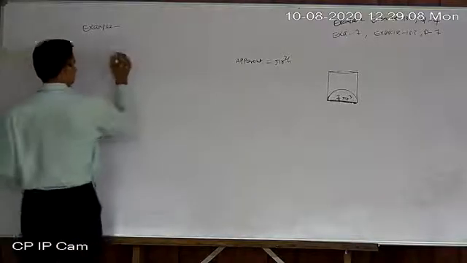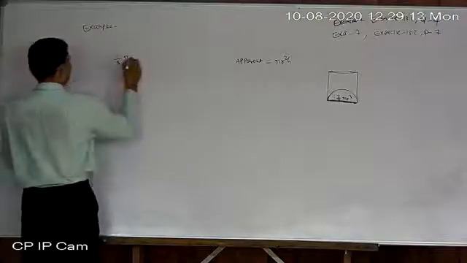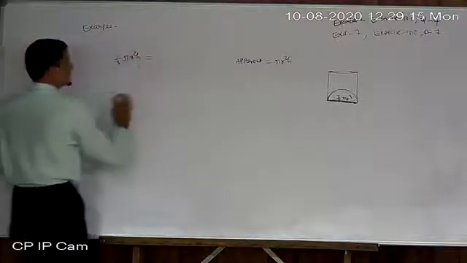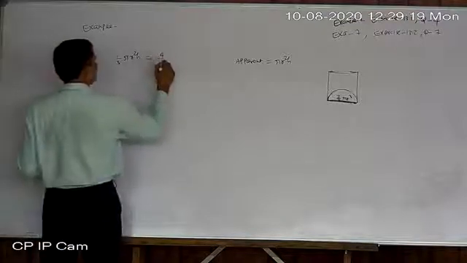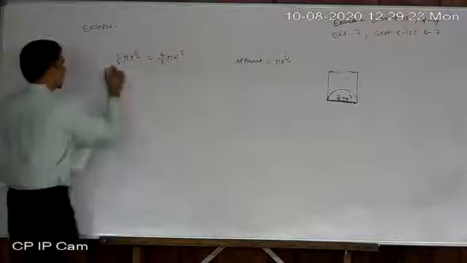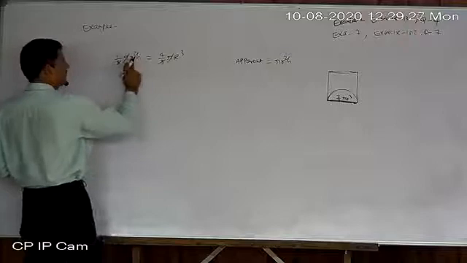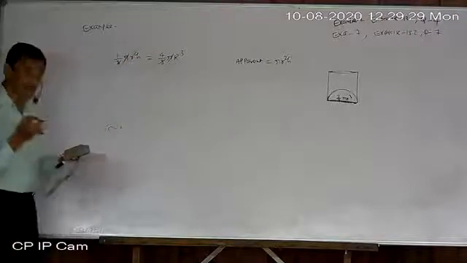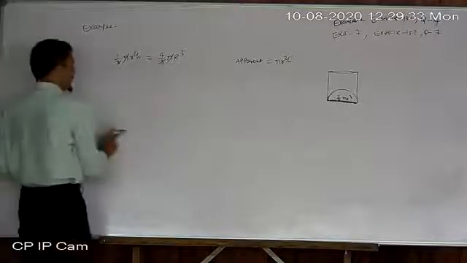So just 1 by 3 pi r square h, the volume of the cone, is equal to the volume of the sphere, but r will be different. Similarly, place the values of R and S, so you will get r cube first of all, then find r.